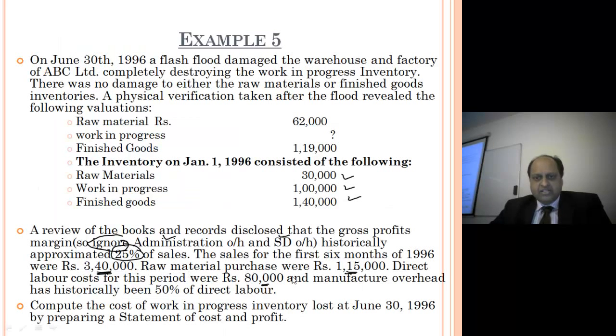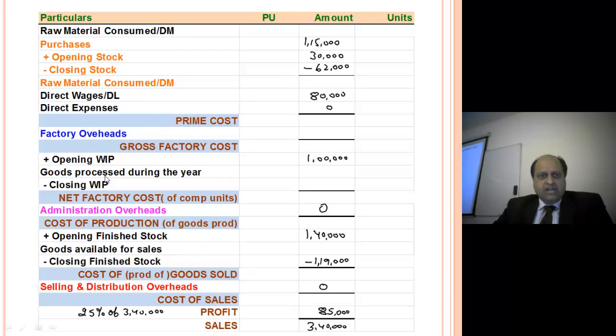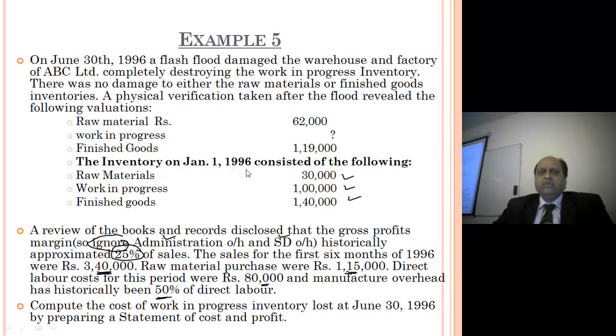Now dear friends, it further says that my manufacturing overheads are 50% of direct labor. So I will write 50% of direct labor, which is how much? 80,000. So this makes it 40,000.